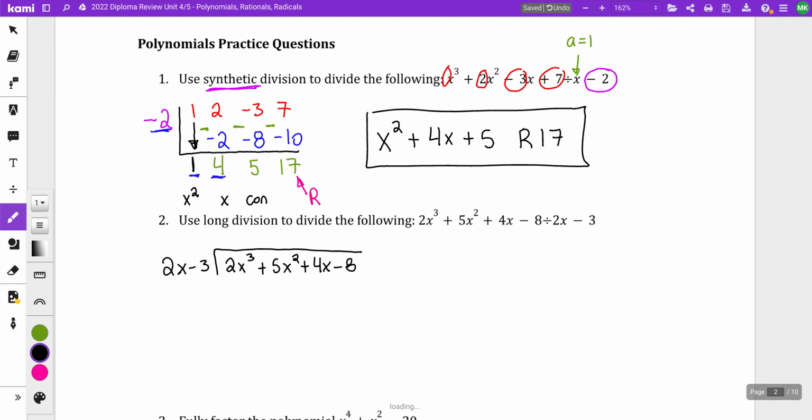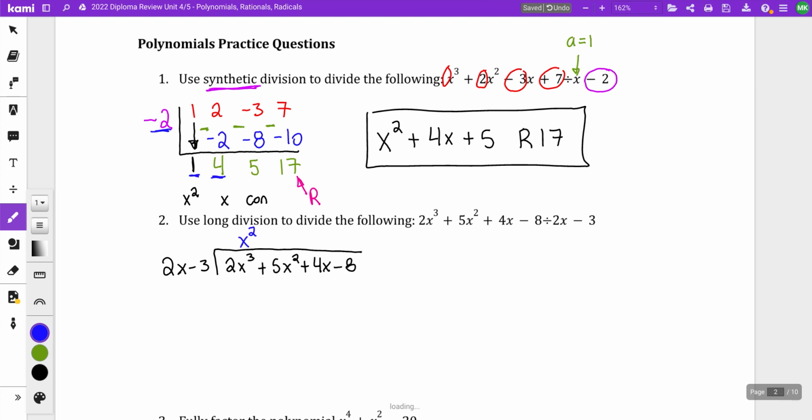Alright, how long division works. Your focus is going to be on making this first term equal that term. If I wanted 2x to become equal to x cubed, I would have to multiply by x squared. Agreed?